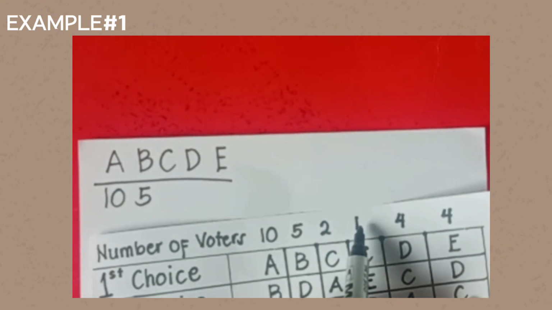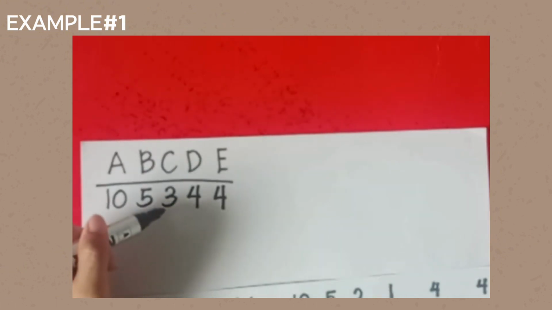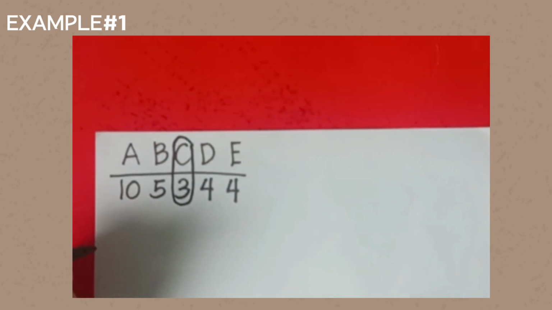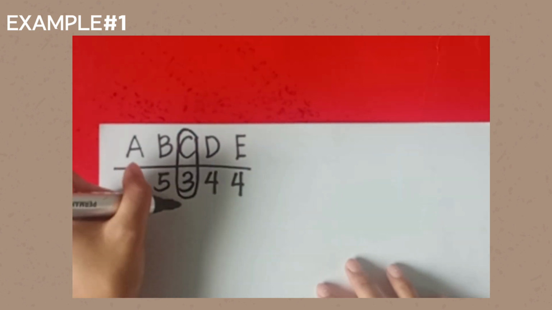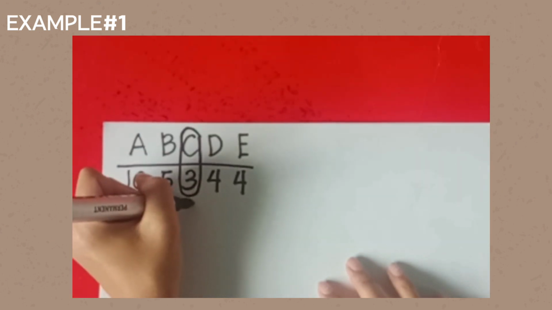Candidate C has 2 here and 1 here, so that's a total of 3 first place votes. Candidate D has 4 first place votes and candidate E also has 4 first place votes. We need 14 first place votes to have a majority, so none of our candidates have a majority yet. So we eliminate the candidate with the least number of first place votes, which will be candidate C.